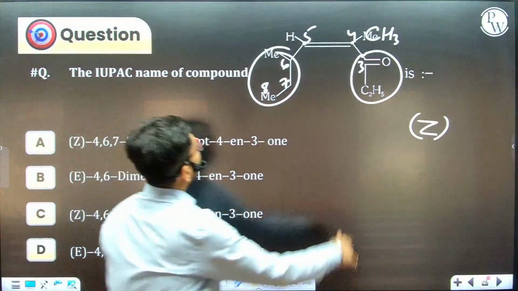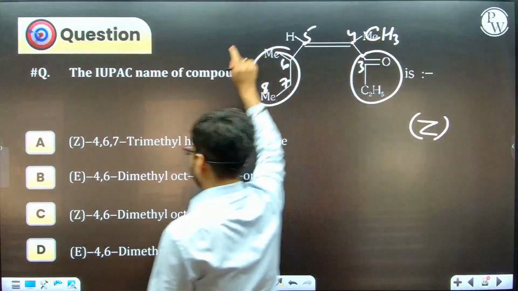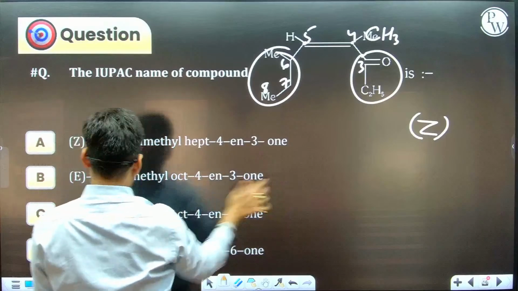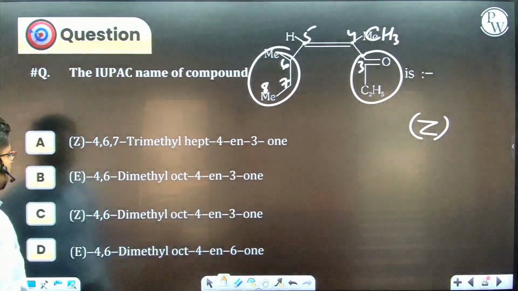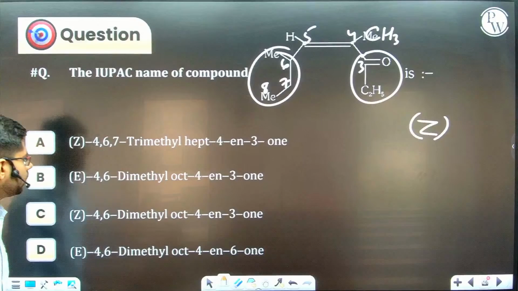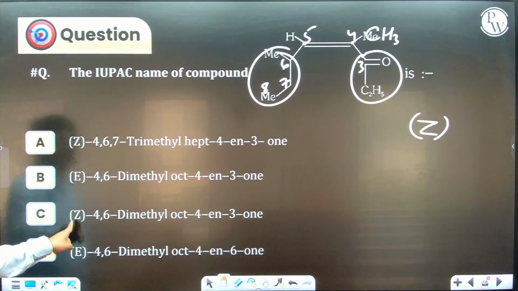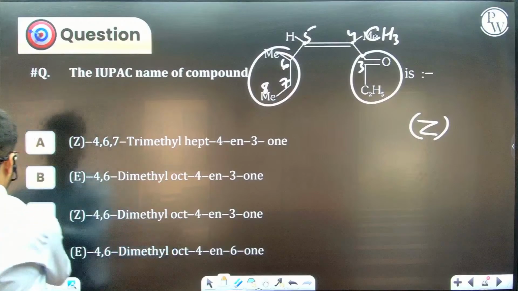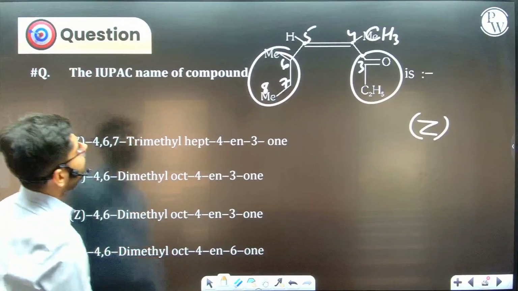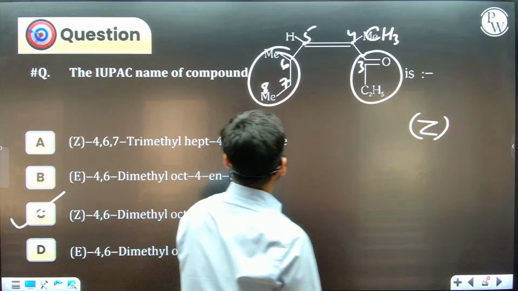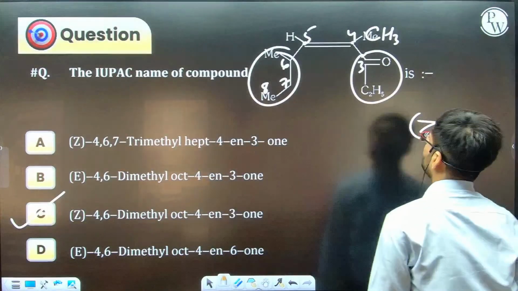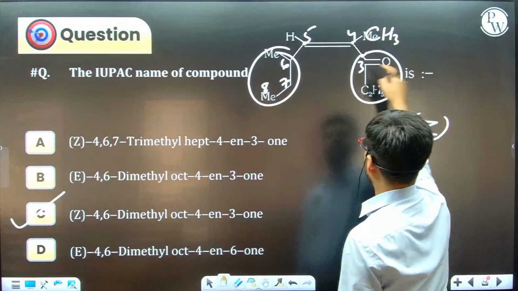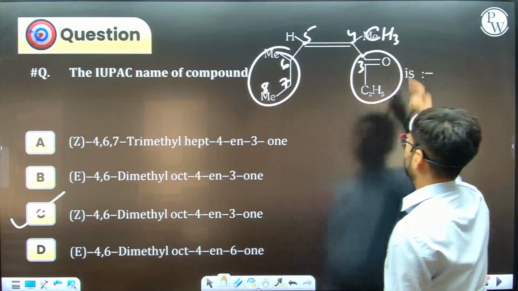So 4, 6 dimethyl oct 4 en 3 one, and the configuration is Z. So Z 4, 6 dimethyl oct 4 en 3 one. One, two, three. So at the third position you have a ketone, right? So 3 one.